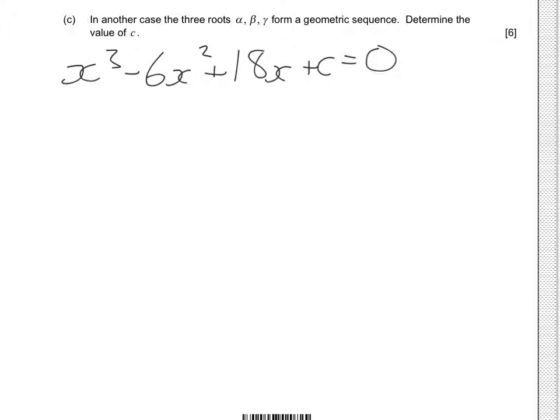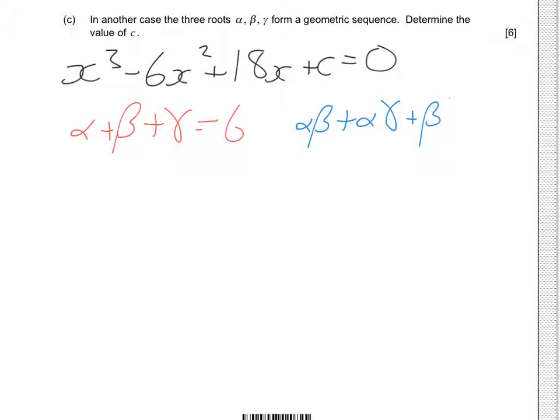Okay, part C, similar sort of question. In another case, the roots form a geometric sequence, determine the value of C. So this time, we can rewrite things. We've got the same relationships, right? We've got alpha plus beta plus gamma equals 6, and alpha beta plus alpha gamma plus beta gamma equals 18.